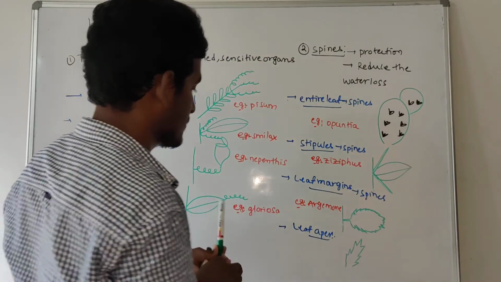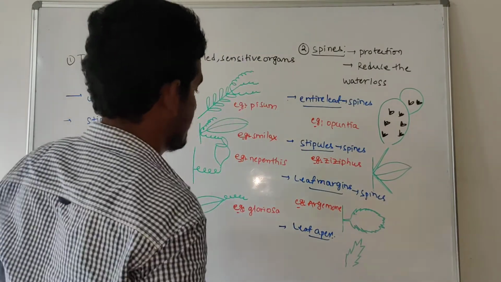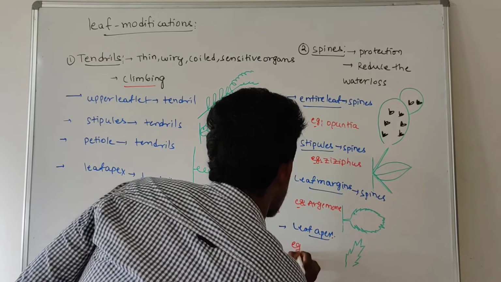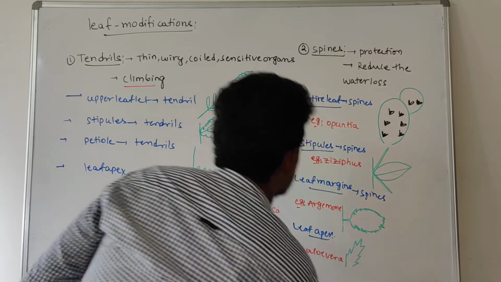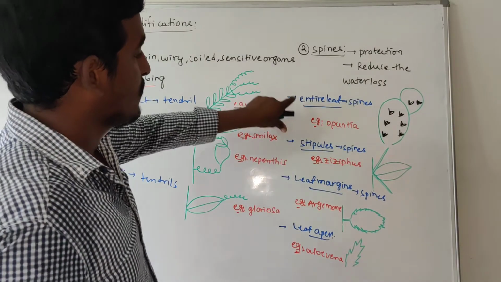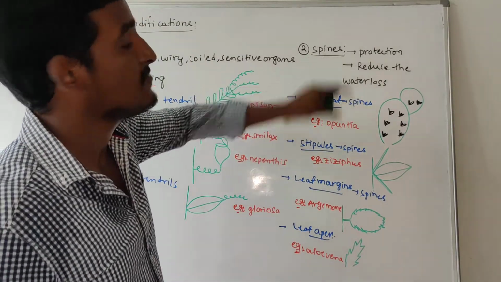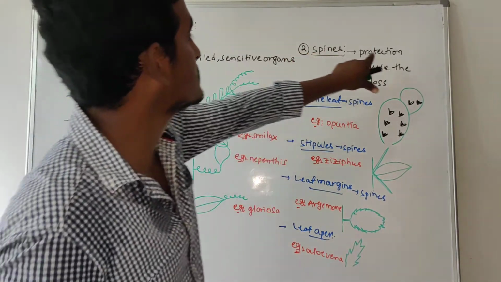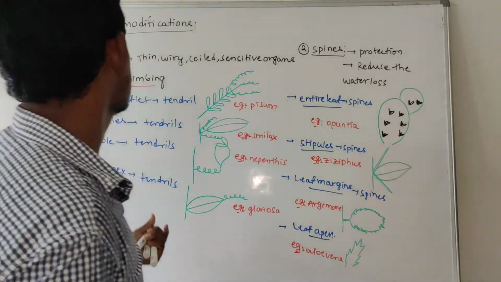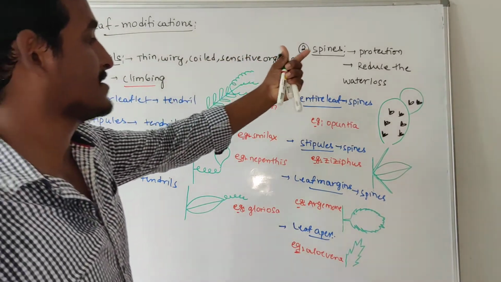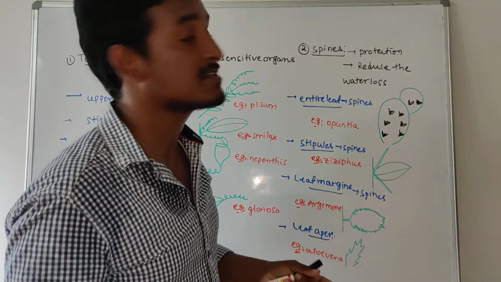The example for this one is aloe vera. So these are the various parts of the leaf converted into spines for the purpose. It helps in protection and it helps in reducing water loss. So that was about tendrils, that was about spines. Next we will discuss phyllodes.